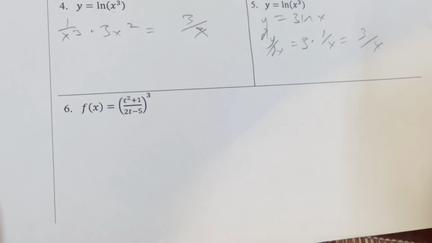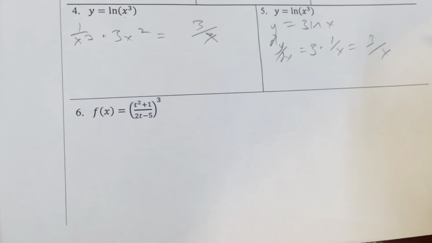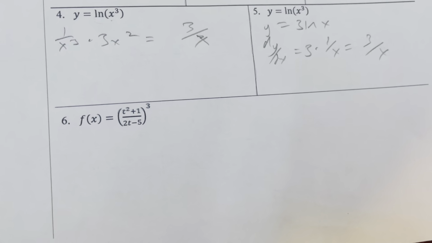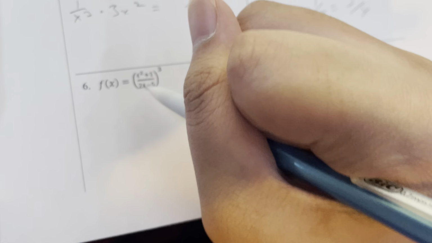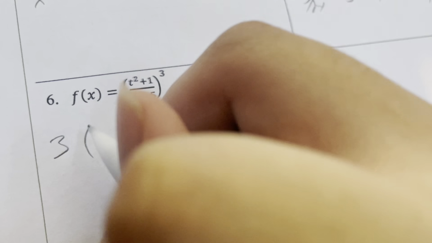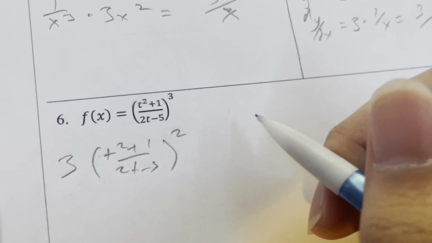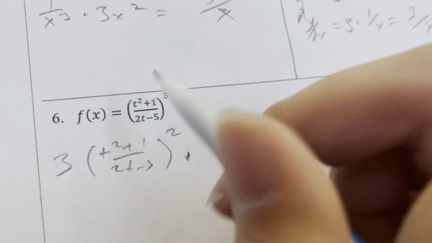Number 6. First, we have to find the first part of the equation, f prime of g of x. So we find the derivative of this first, which is 3 multiplied by g of x, which is t squared plus 1 over 2t minus 5, squared, multiplied by the derivative of this.